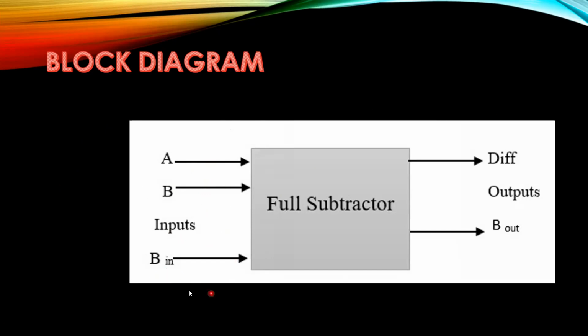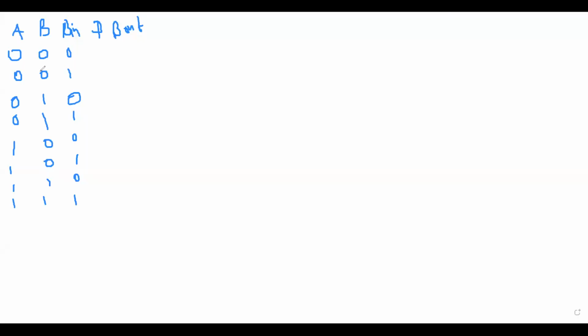Totally 3 inputs and 2 outputs. Those outputs are difference and borrow out. Now to design this functionality, we are going to consider truth tables to satisfy full subtraction. So these are the combinations for 3 inputs.